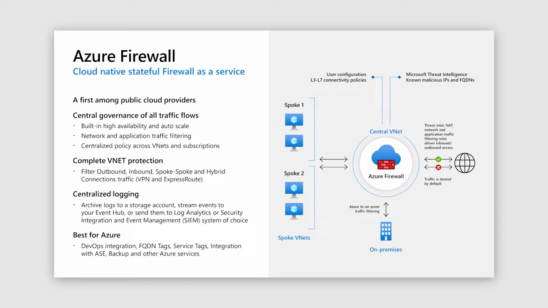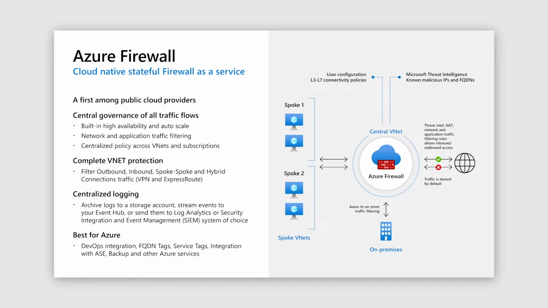Think of it as a PaaS service that is able to either replace or augment what you're already doing with a network virtualized appliance. It will most often sit within a hub virtual network and direct traffic that is sent to it from its spoke VNets or from on-premise networks via an ExpressRoute or a VPN connection.